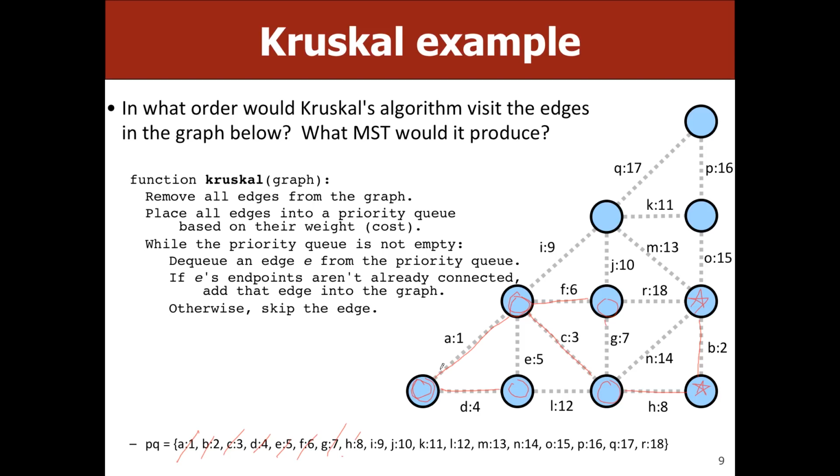Then we get I9, which is here to here. How many people think include? Don't include? Okay. J10, which is here. Include? Don't include? Yeah.